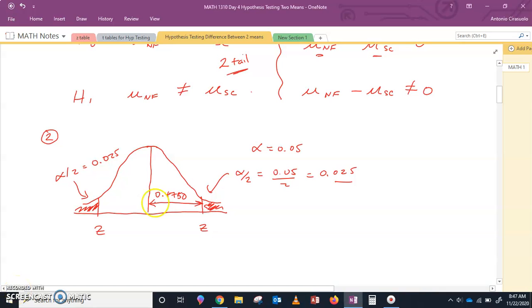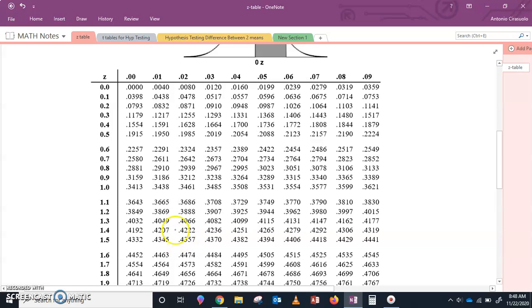Some of you might know right offhand what that value is, but let's take a look. So go to the Z table, and we're looking for the area of 0.475. It actually is right there, and that's associated with a value of 1.96.